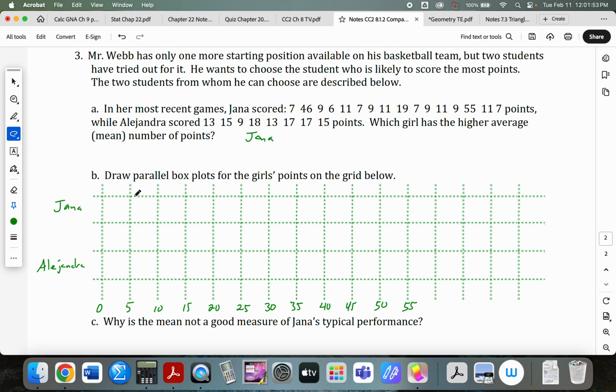It's like we just end up with points somehow. What about Shai Gilgeous-Alexander? SGA? How do you know who that is? OKC, Thunder. Victor Wembanyama. Ain't no way.